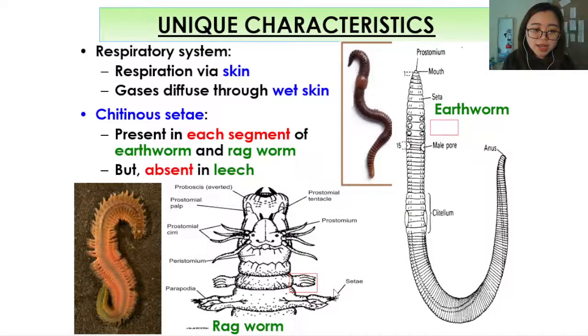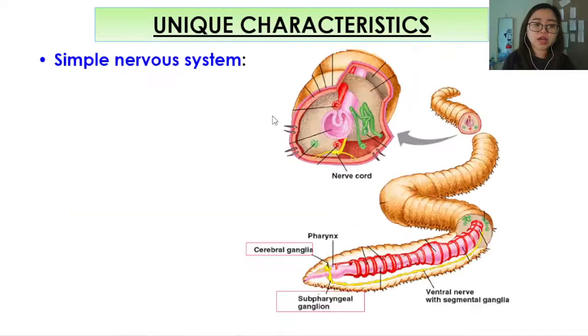Okay, that is the chitinous setae. So, dia macam bulu, tapi dia keras. On earthworms, we also have that, but they are smaller, but still present in every segment. It will have its function depending on the species, but it's not there in leeches. The leeches are smooth. They don't have the chitinous setae.